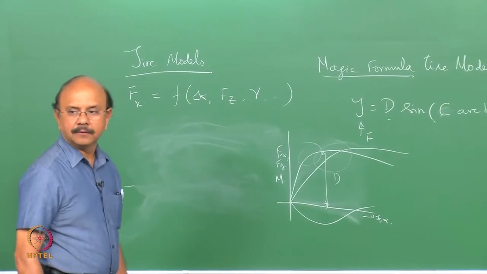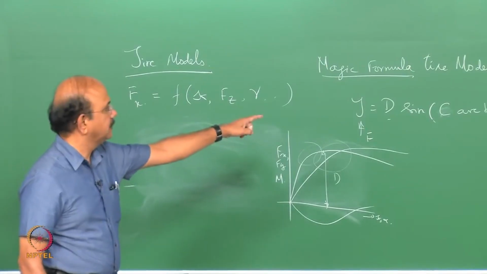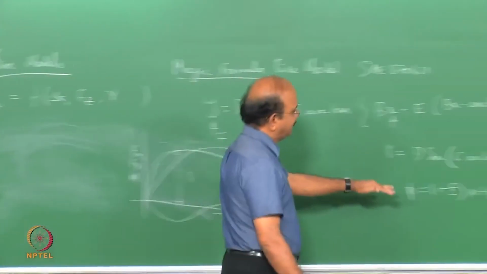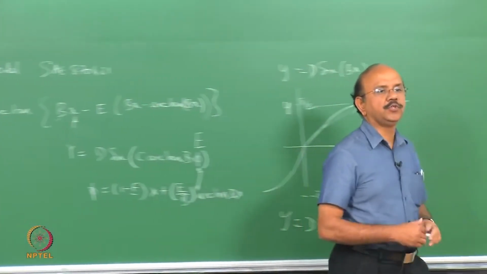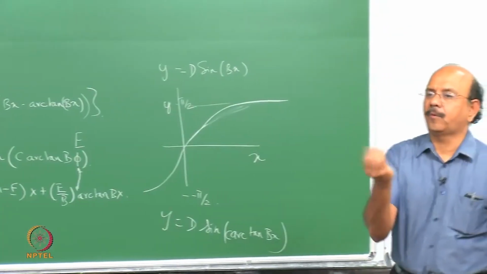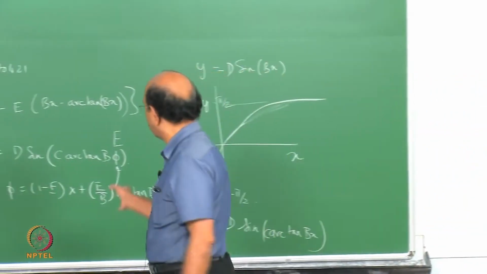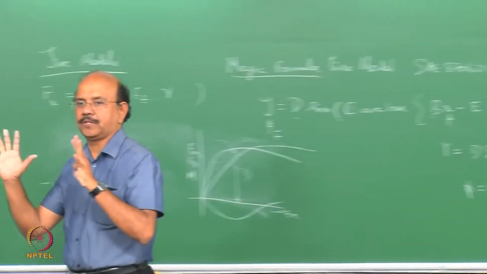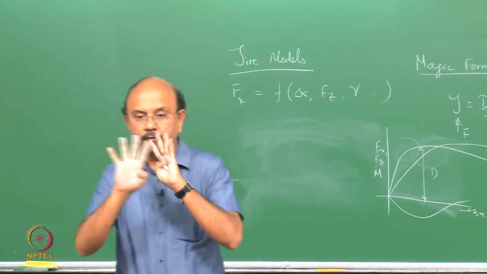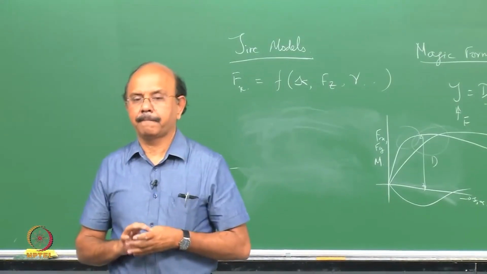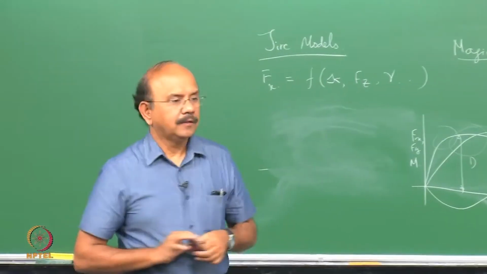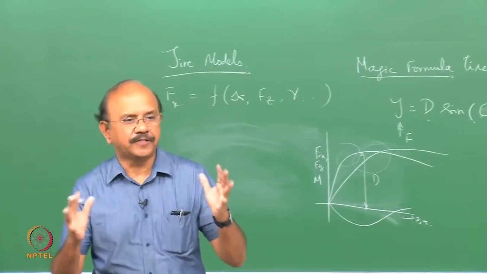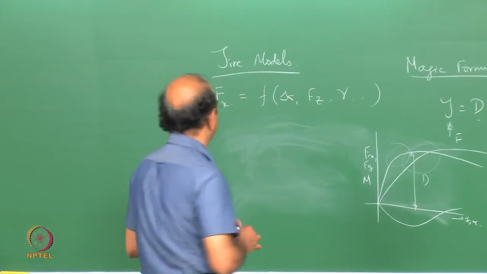What do you get? You get an expression which is written there. In other words, I use the property of arctan, the property of sine, and the property of combination, and then get a shape which can be adjusted. I have now 4 values which can be adjusted. Let me give some names to it. Let me call B a stiffness factor. B as a stiffness factor.